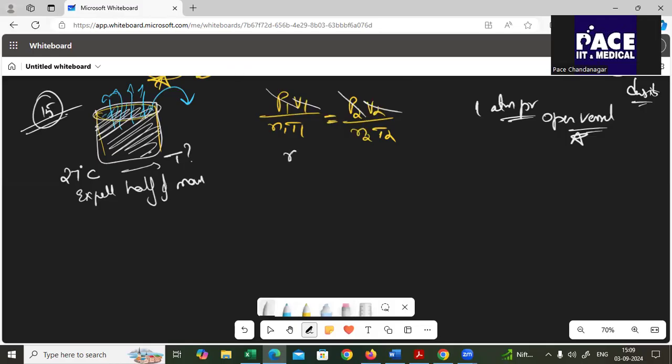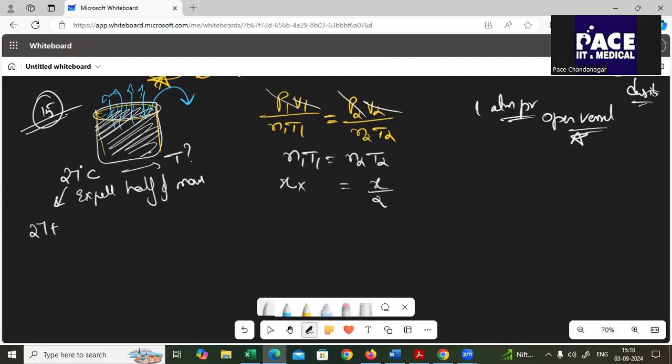So here it is N1 T1, because it is a gas, equals N2 T2. Now the number of moles is given mass by molar mass. Molar mass is anyway the same, so molar mass also gets cancelled. Now the first one is originally X grams, and here it is X by 2 grams. Temperature T1 is 27 degrees Celsius. Please do not consider degrees Celsius.